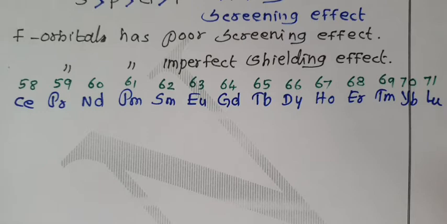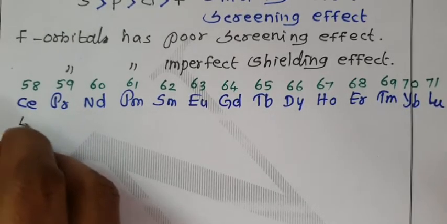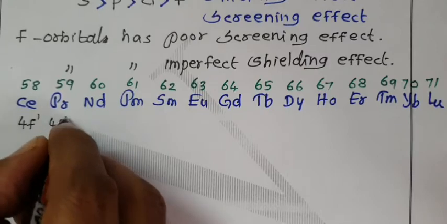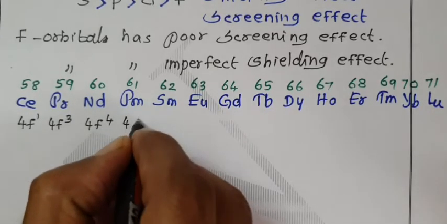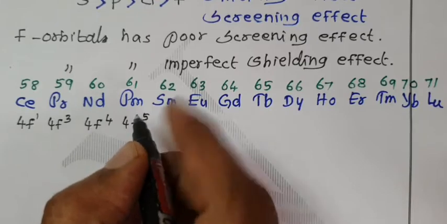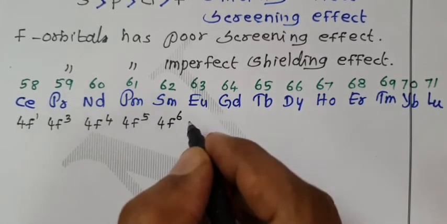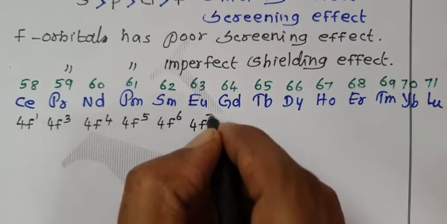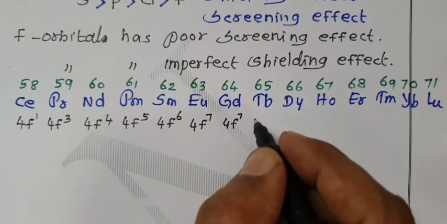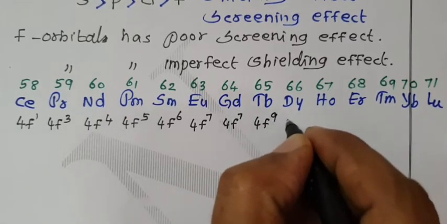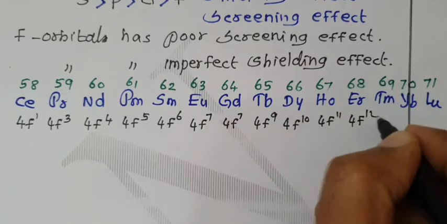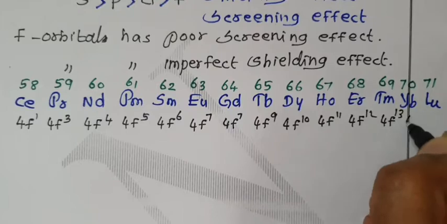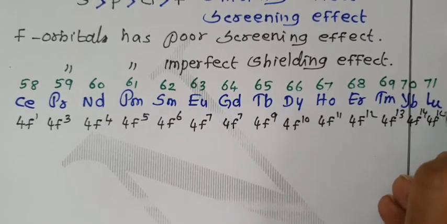And the f orbital is filled by one electron each, starting with 4f1 in cerium, 4f3 for praseodymium, neodymium 4f4, 4f5 for promethium, then 4f6 for samarium, europium, 4f7 for gadolinium, then 4f9, 4f10, 4f11, 4f12, 4f13, 4f14, last 4f14.